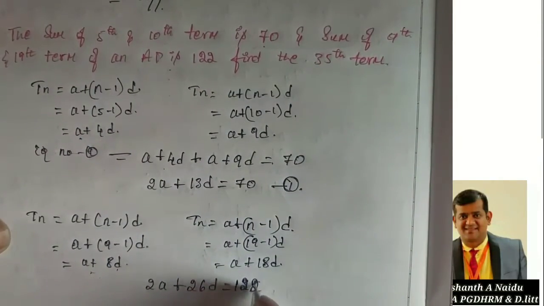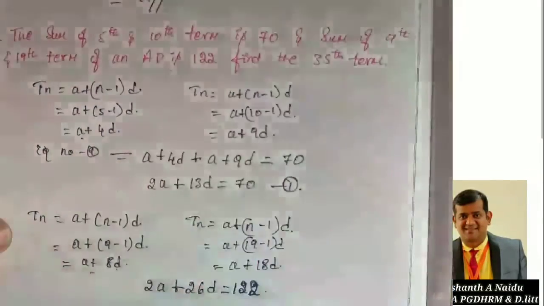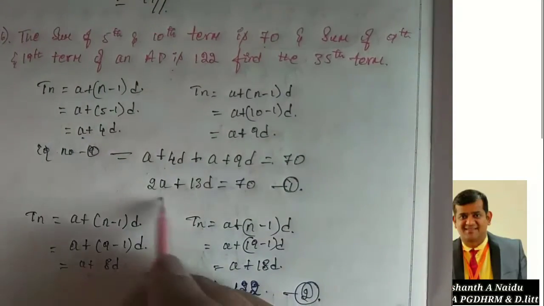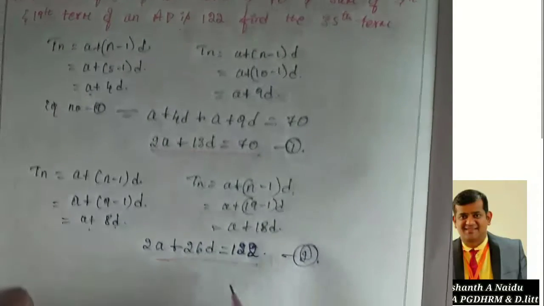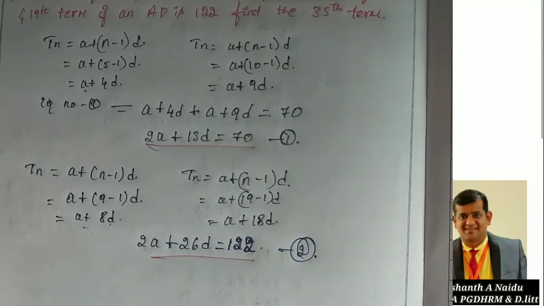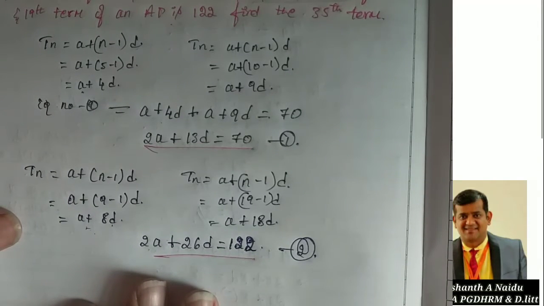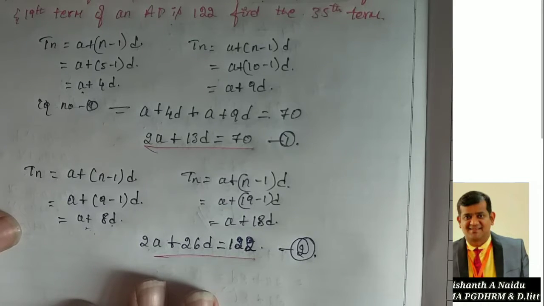So we need to find the 35th term. So this is going to be equation 2. Now we have identified equation 1, we have identified equation 2. With the help of this, we have to find d, and we have to find a also.